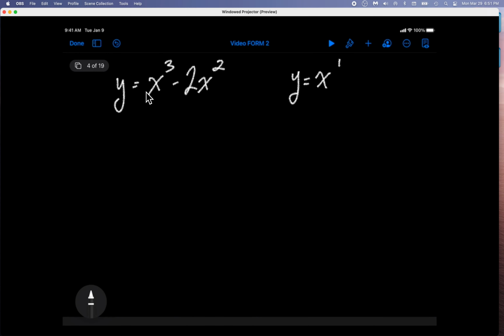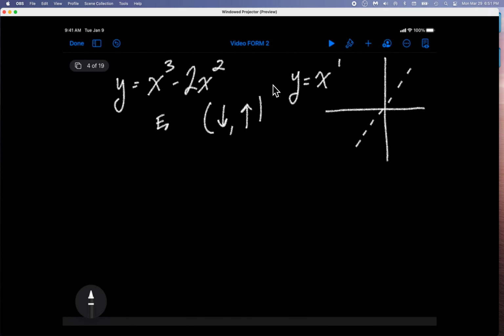There is no negative out front, so therefore it's going to look in terms of its end behavior like y equals x, which means its end behavior on the left is going to be down and on the right is going to be up. Okay, so that's the first thing you want to find, is what is the end behavior.